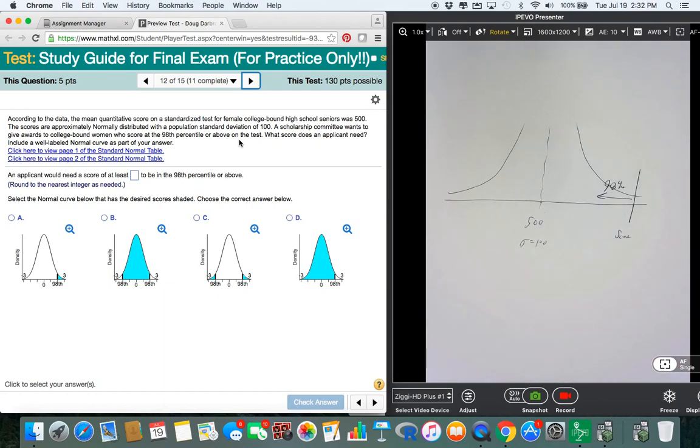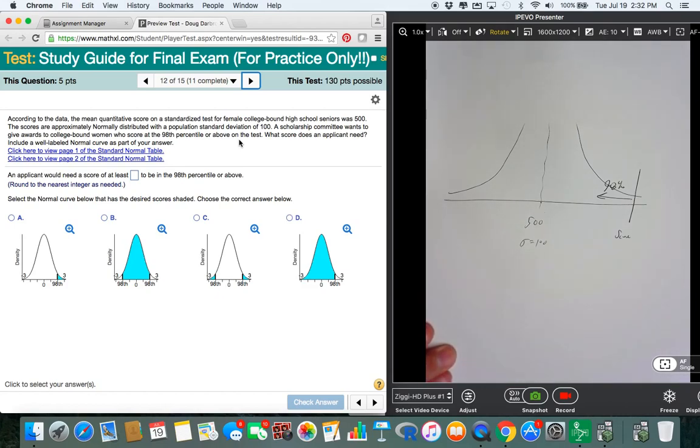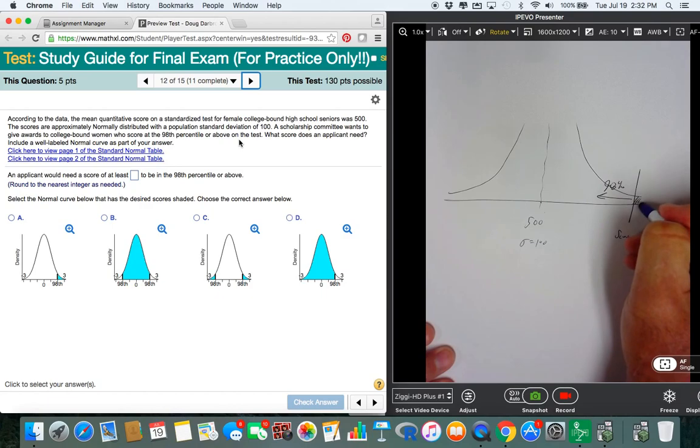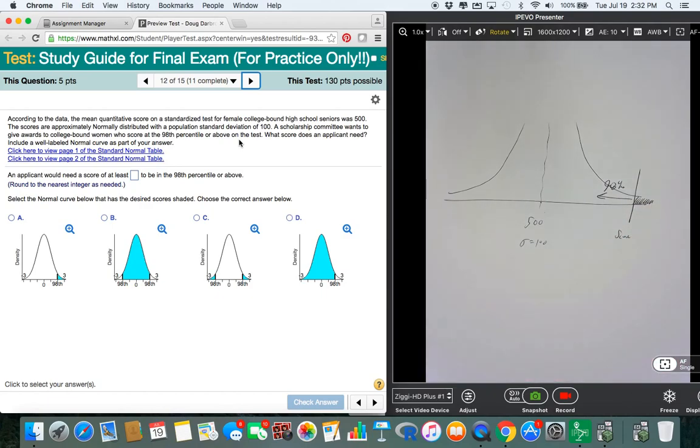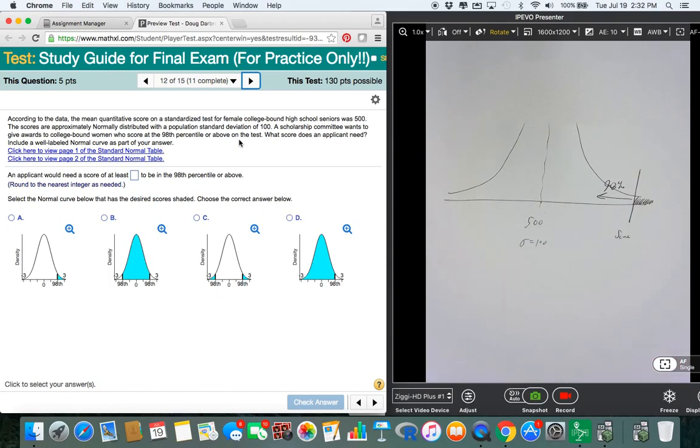So I'm going to look for, so it says, well, we need a score of at least, and well, at least means more. So relative to the problem, I'm looking for people who have a score of whatever this is or more. Okay? So guys, clearly the first graph is going to be the one I need there. Now, an applicant would need a score of at least this to be in the 98th percentile.